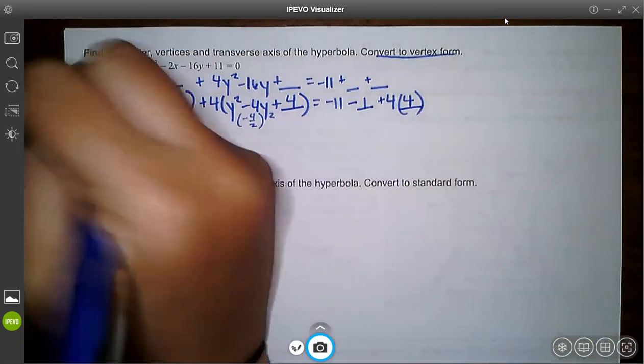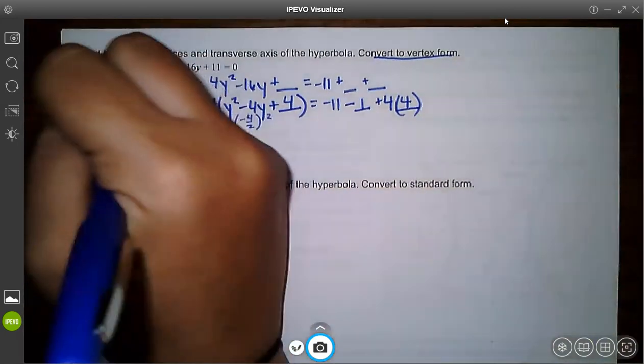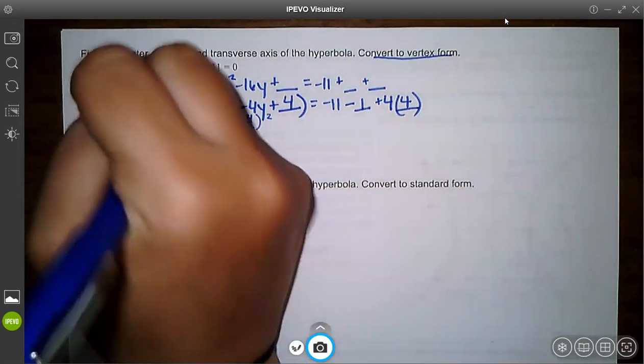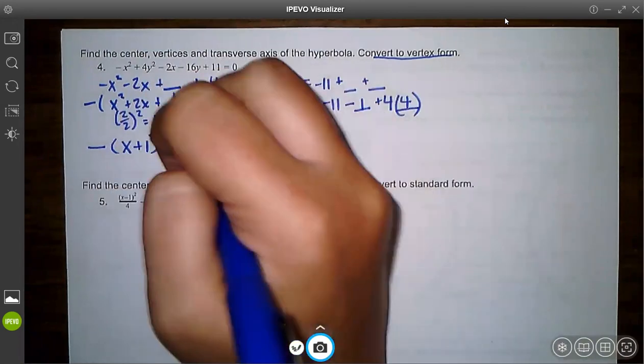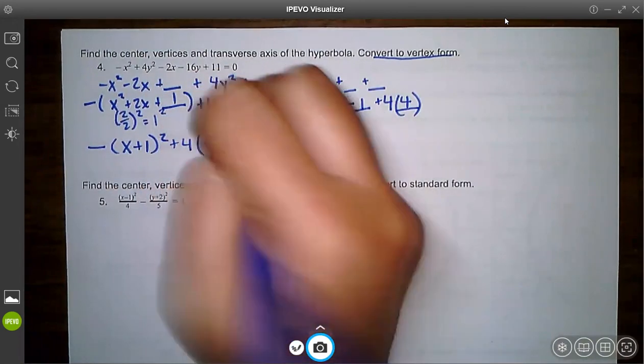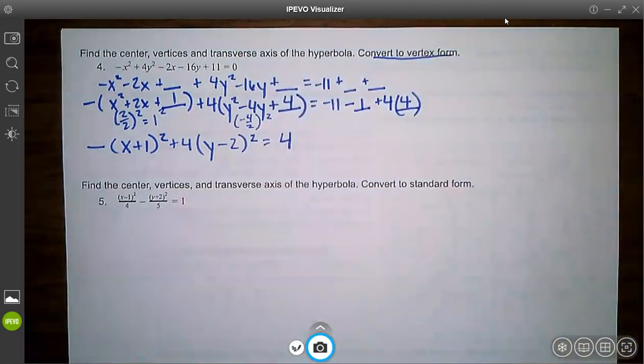So now I'm going to factor. So I have negative x plus 1 squared plus 4 times y minus 2 squared equals, I have negative 12 plus 16, which is 4.